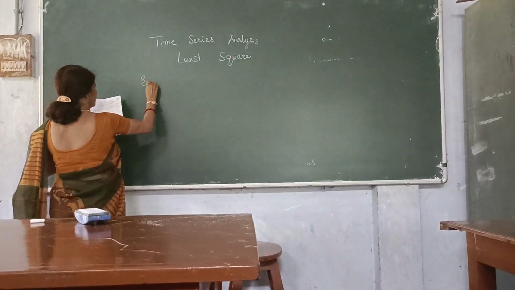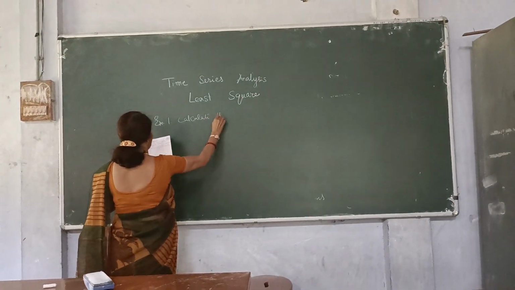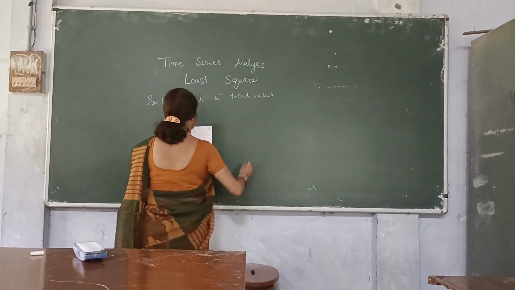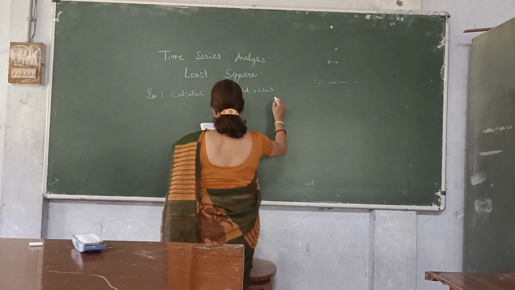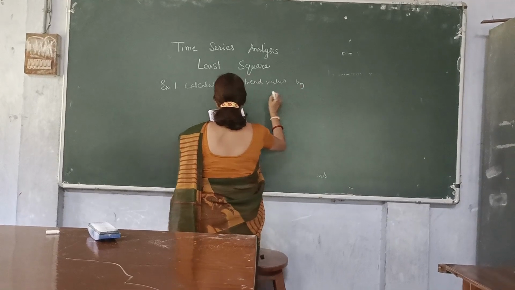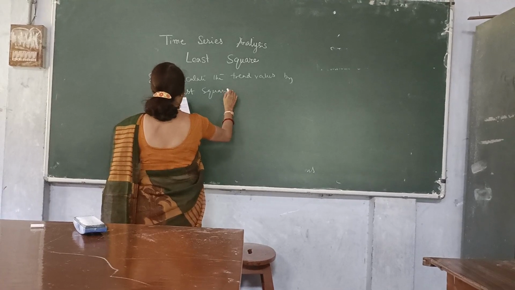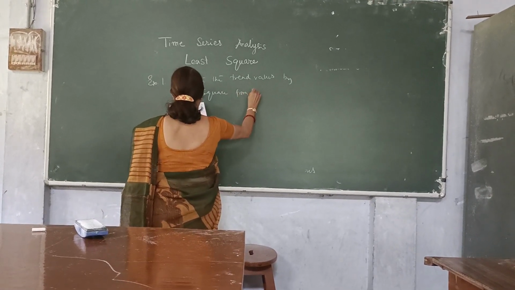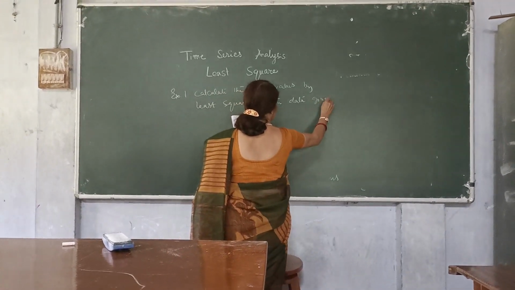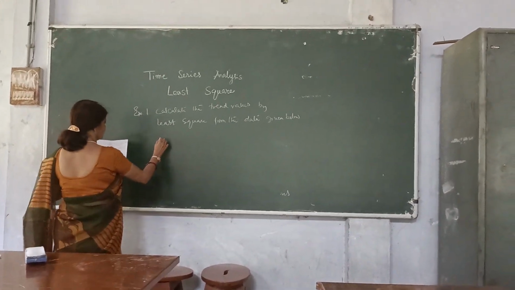Example: calculate the trend values by least square method from the data given below. So it is given here.